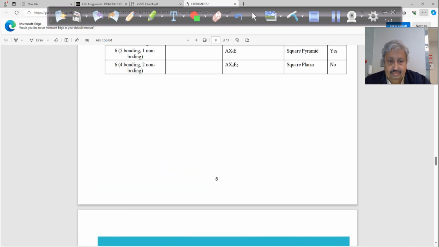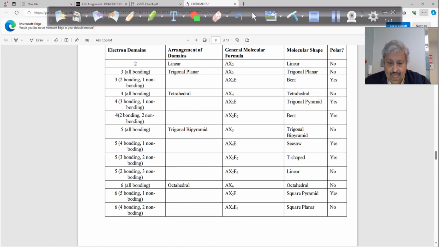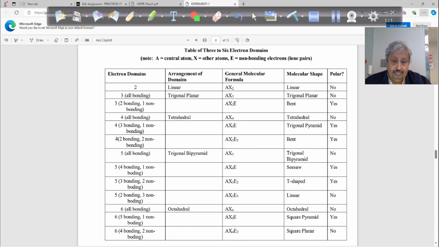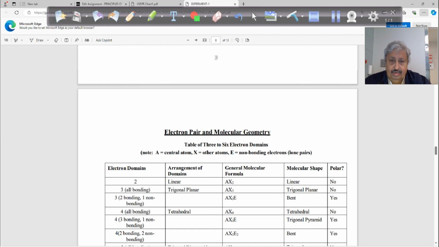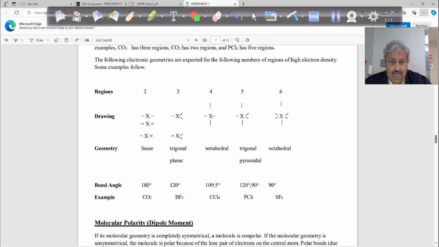Here it is, guys. If you scroll up a little bit more, there's the bond angle degrees. Yes, it's about 90 degrees. That's just an estimation. So you can see those two sets of lone pairs will squeeze the angle.